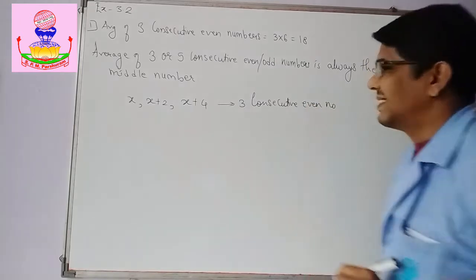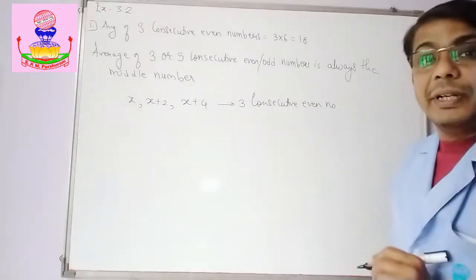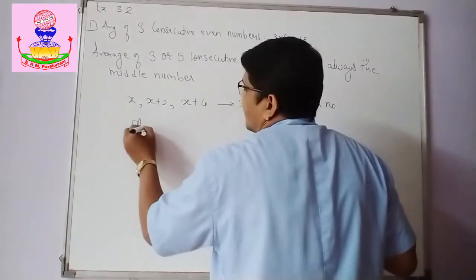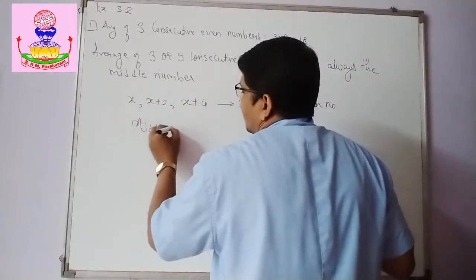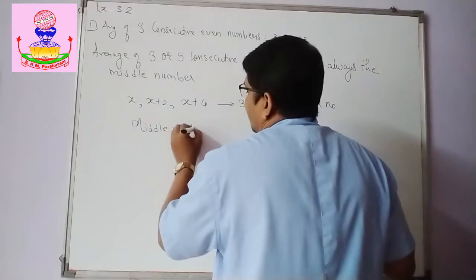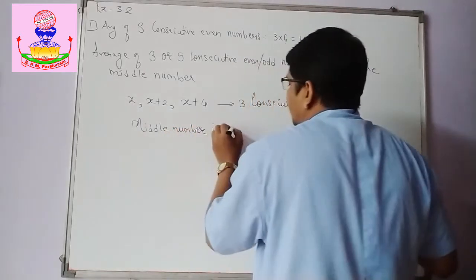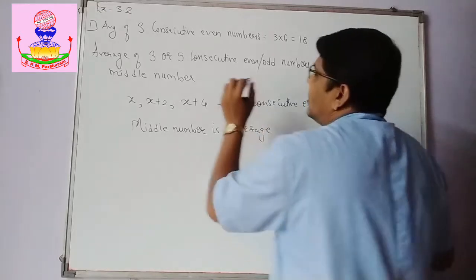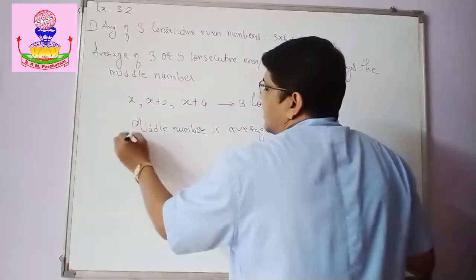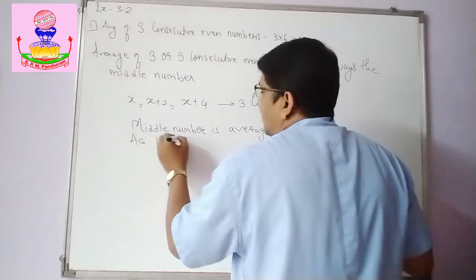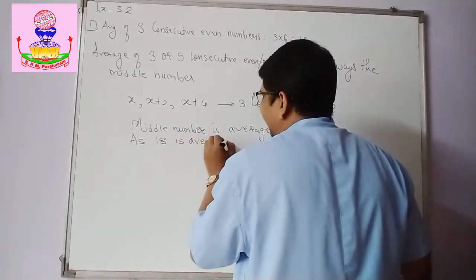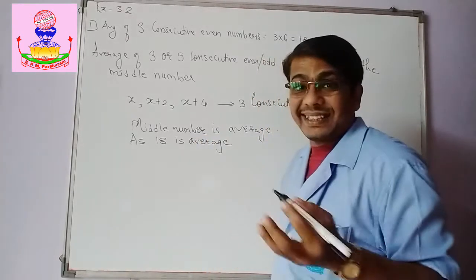Right? So the middle number is the average. So here, as 18 is average, what is the middle number? Yes, exactly.